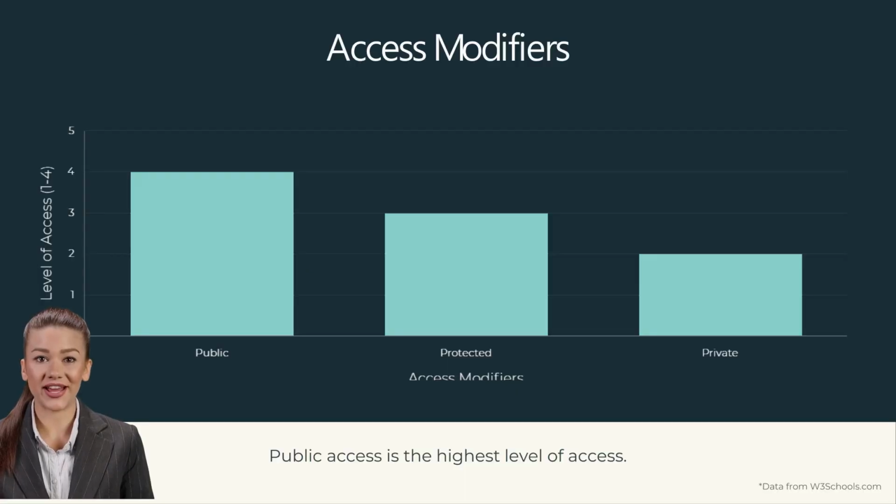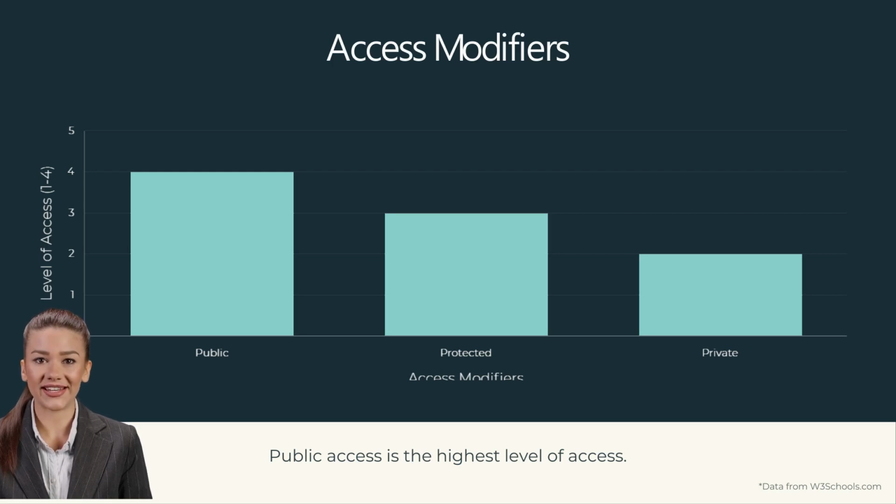Now, let's talk about access modifiers. They define the visibility and accessibility of properties and methods within a class. PHP provides three access modifiers: public, protected, and private. Public. The public access modifier allows unrestricted access to class members from anywhere, including outside the class and its subclasses. Public properties and methods can be accessed and modified directly. Protected.